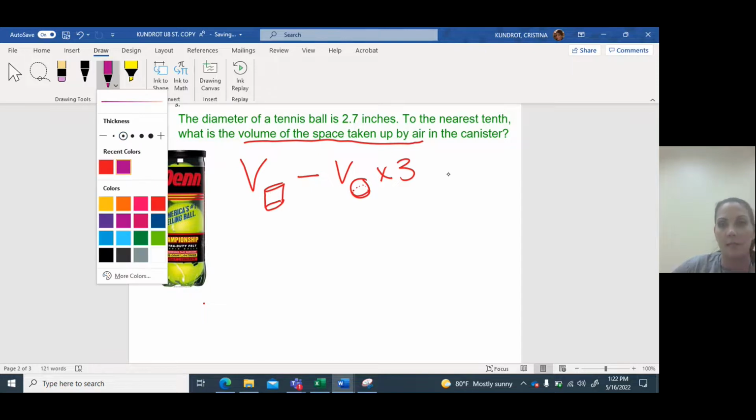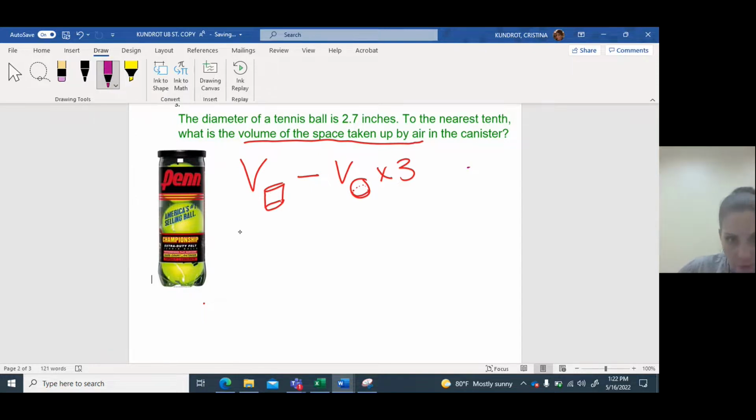So the first thing I like to do is write my formulas. The formula for volume of a cylinder is pi r squared times the height. Now, if you forget a formula, just think about what's happening. That's the beauty of geometry.